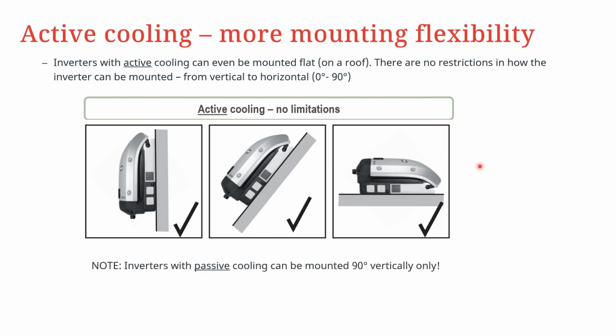In most cases, passively cooled inverters would only be mounted at the vertical 90 degrees position, because if you do any other variation, convection cooling does not happen as efficiently. But with active cooling, this really is not a limiting factor at all.